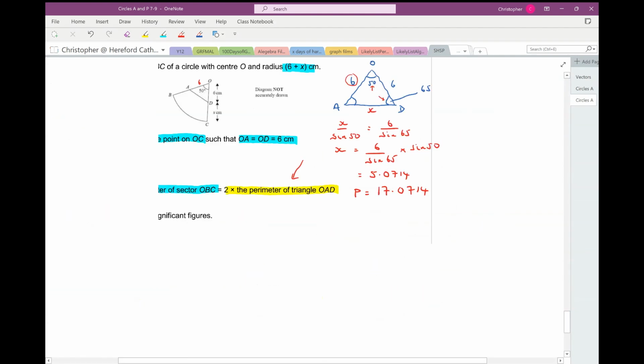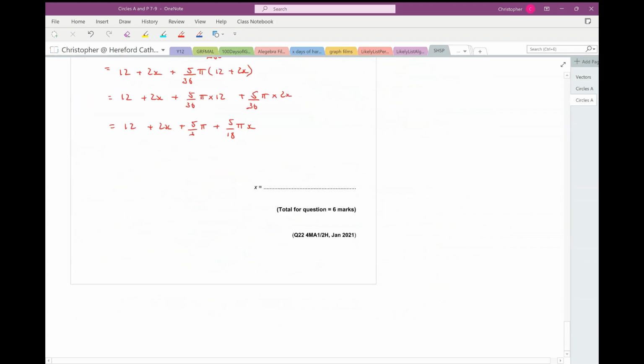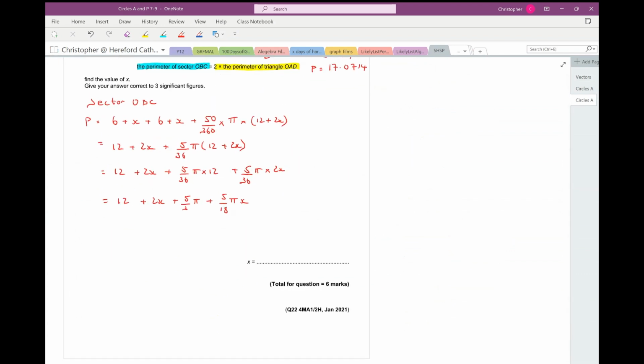So I'm in a position now to use this statement here. The perimeter of the sector OBC, well, I know that that is this, equals twice the perimeter of the triangle. So we'll equal twice that.